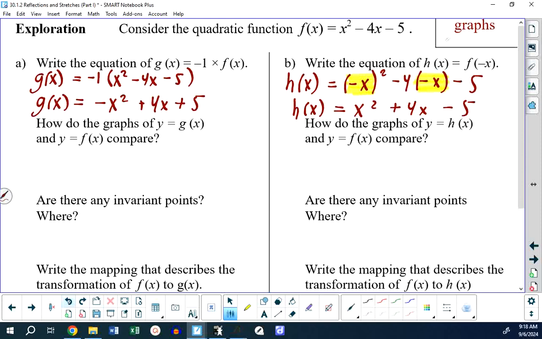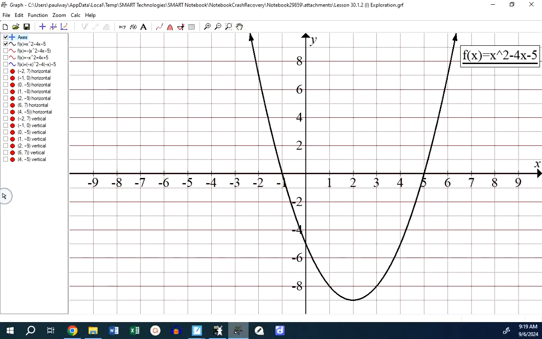And what we are asked is to compare, we'll start with this, g of x and f of x. So the question is, what happens to a graph of a function if we multiply the function by negative 1? Well, let me show you. There's the graph of f of x. You can see the equation of f of x up there. It's x squared minus 4x minus 5.